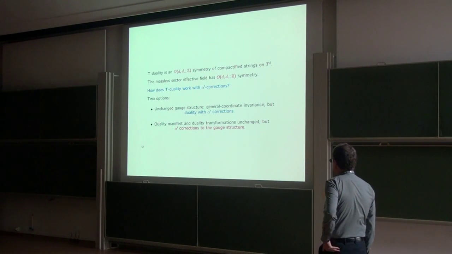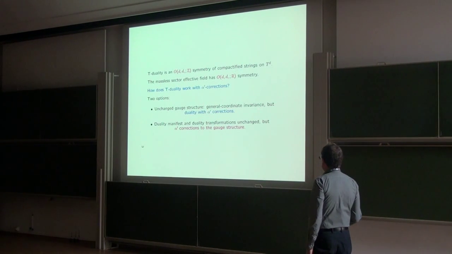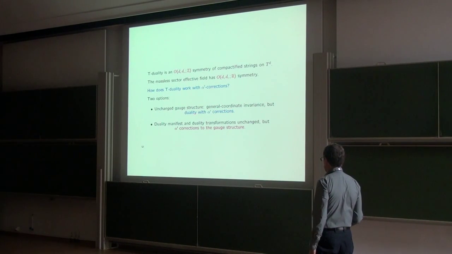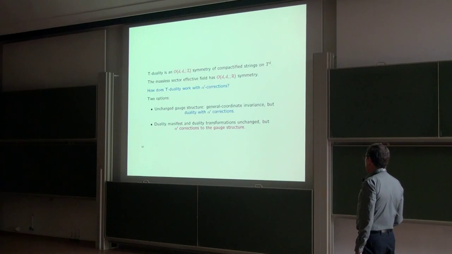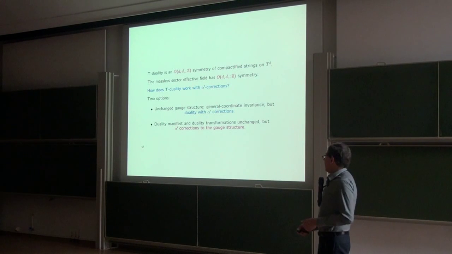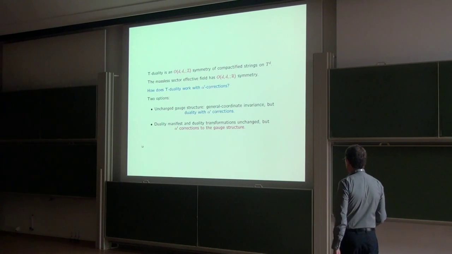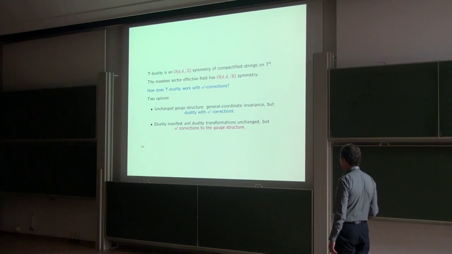In the first case, you would preserve general coordinate invariance, but admit that the duality transformations have alpha prime corrections. In the second way, you would leave duality manifest and duality transformations unchanged from the form they take for the supergravity theory. There would not be alpha prime corrections to the duality transformations, but there would be alpha prime corrections to the gauge structure, to the diffeomorphism structure.